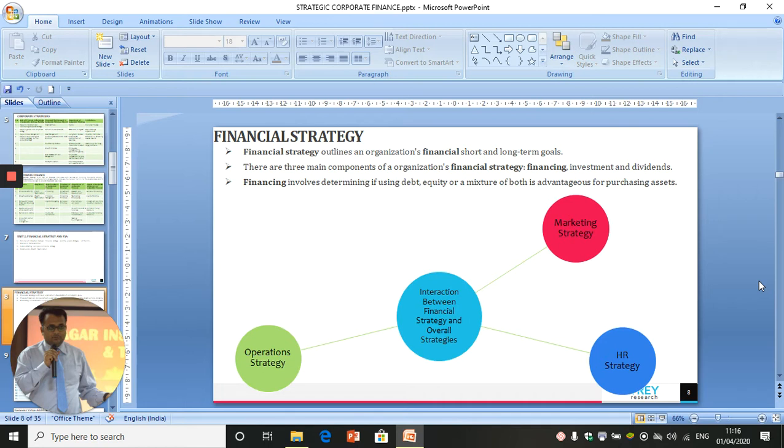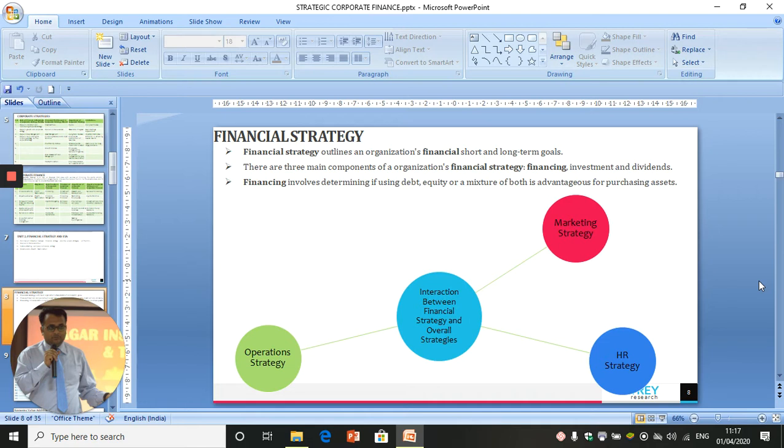We already know this: financing, investment, and dividends. If you remember, these are the main decision making areas in financial management. So, they are the three main components of an organization's financial strategy.